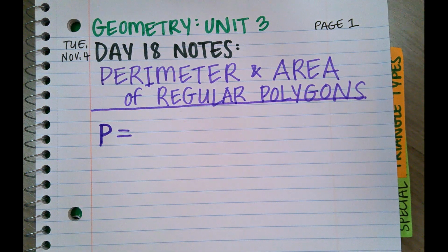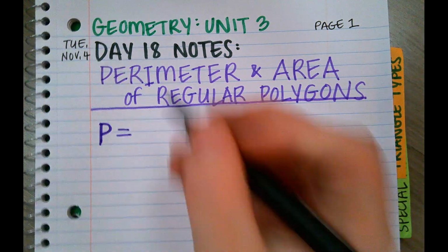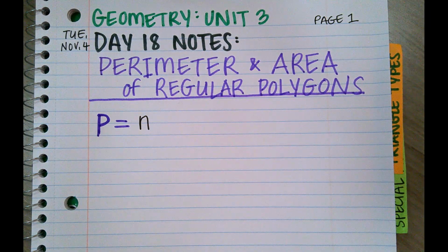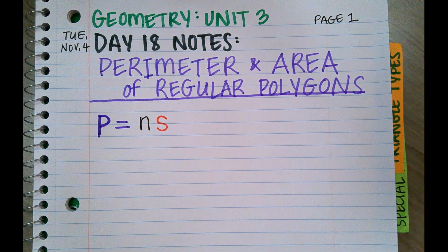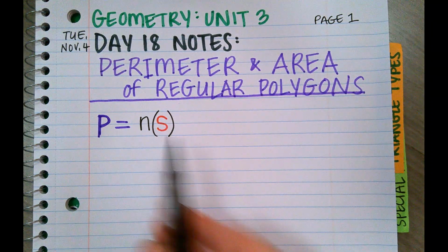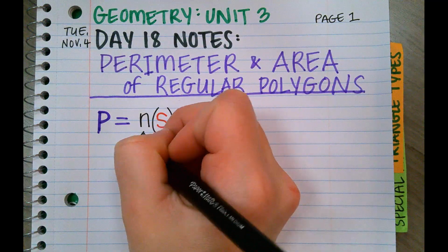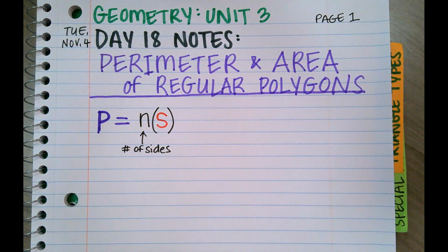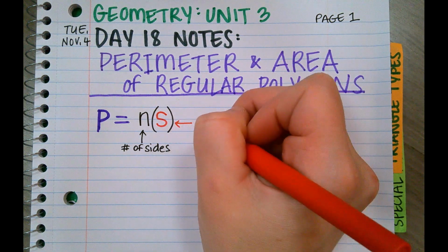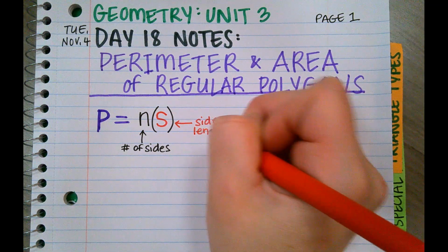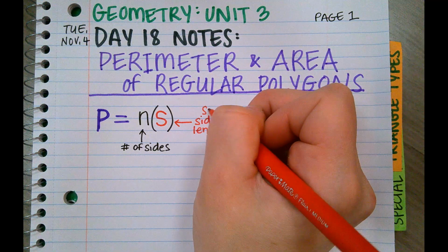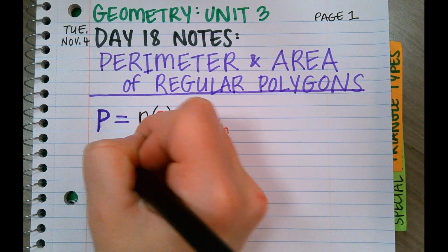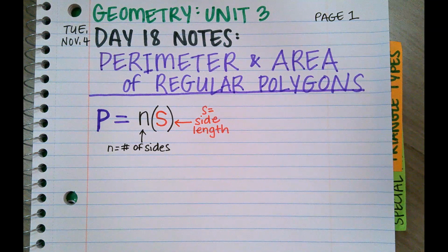P equals N times S, where if we remember N is the number of sides and S is the length of one side, so side length. Perimeter equals N times S.